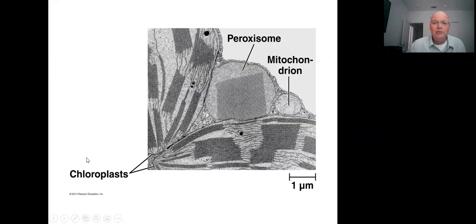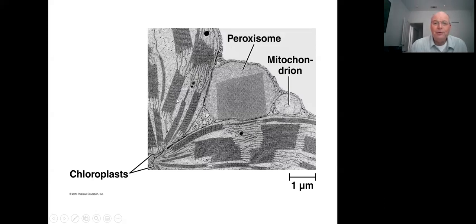But this image showing a peroxisome adjacent to a chloroplast and to a mitochondrion is not unusual in plant cells, because this scavenging process involves transfer of chemicals from the chloroplast to the peroxisome, where a series of chemical reactions occur, which then passes the products on to the mitochondria, where more processing occurs, and then products from the mitochondria are moved back to the chloroplast again.